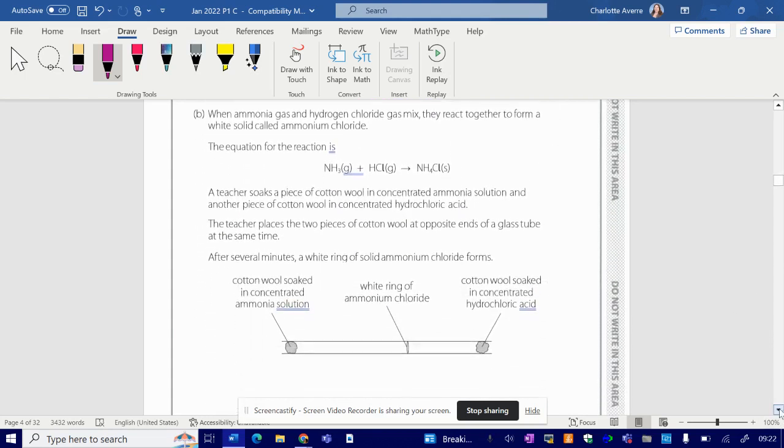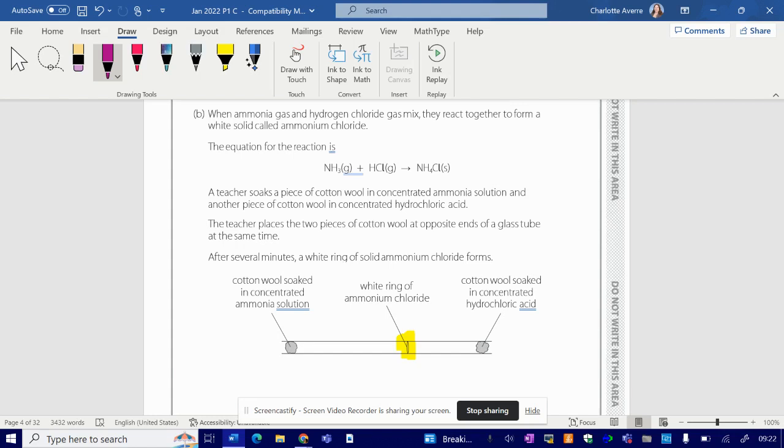Okay, ammonia gas and hydrogen chloride gas are mixing, and they are forming a white solid of ammonium chloride here in our diagram. Okay, so we've got 2 pieces of cotton wool at each end of the tube. One is soaked in concentrated ammonia and one soaked in concentrated hydrochloric acid.